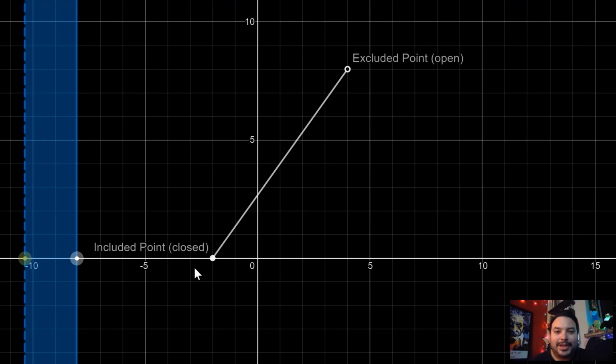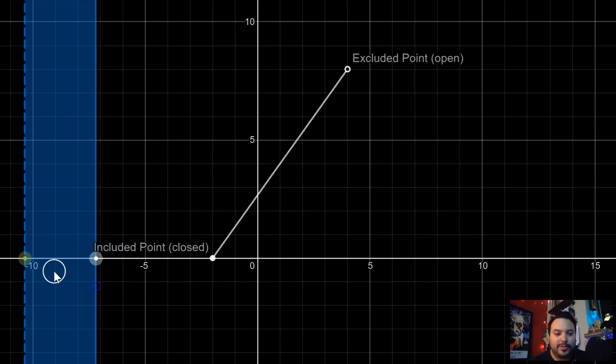Just imagine not being invited to a party, but deciding to go and hang out right at the front door. You're technically there, but not actually a part of the party. That's kind of how it is. Don't feel bad about the excluded point, though. Coordinates have no feelings.